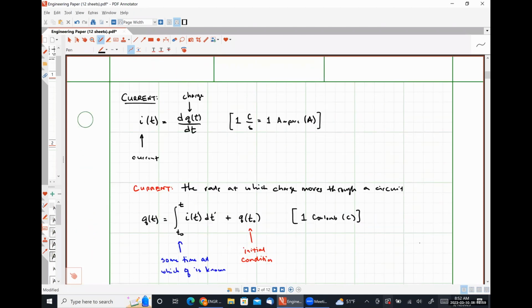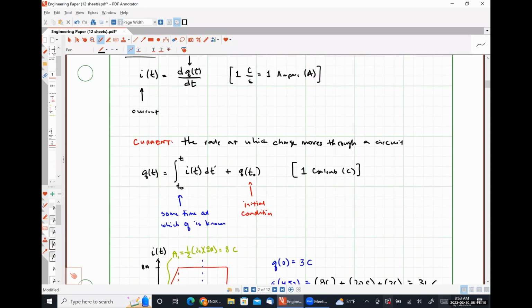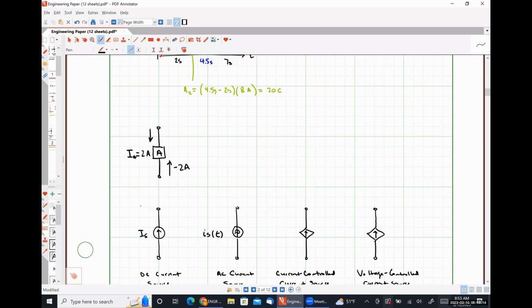Scrolling back up here really quickly. Voltage sources have plus and minus signs indicating positive and negative polarity terminals. Current sources have arrows indicating the direction of current flow. So that's how we're going to tell the difference between all of the different sources here.